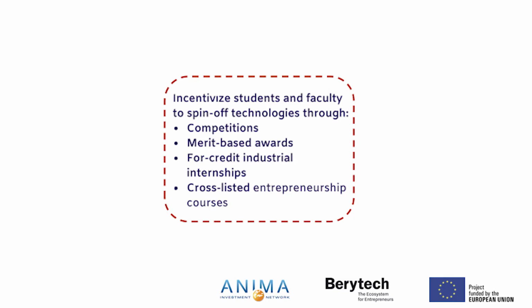You can do competitions, provide merit-based awards, create concepts such as for-credit industry internships, and do a lot of cross-listing of courses between the engineering, science, and business schools, in order to encourage students and researchers who have a technology background to go into the world and to understand the world of entrepreneurship, technology, and innovation management.